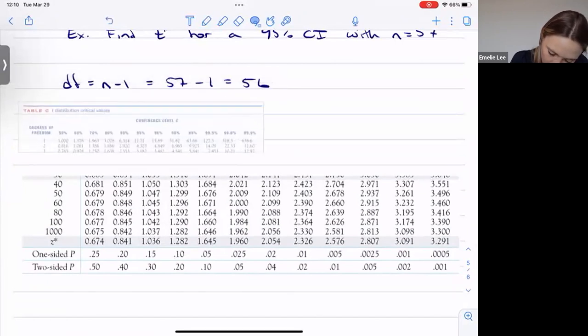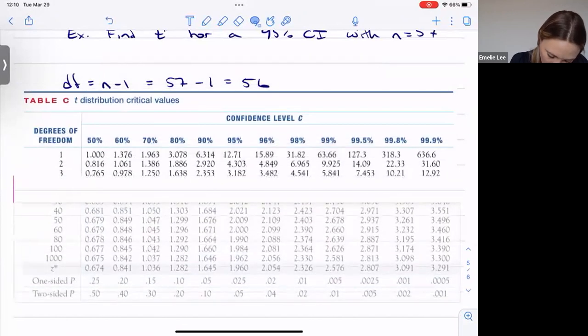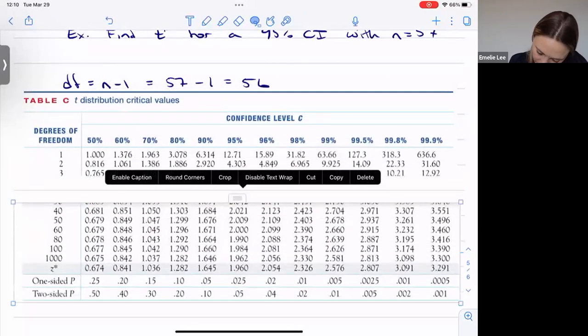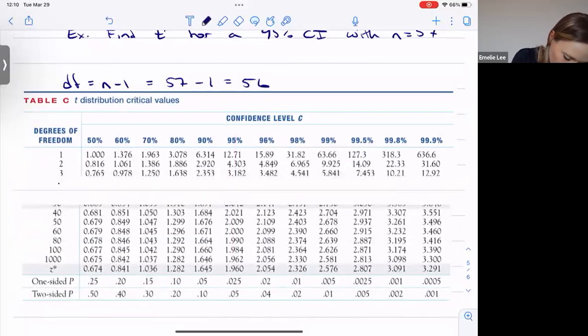Paste. Okay, I think we've got it kind of lined up. So boom, boom, boom. All these values, of course, continue.